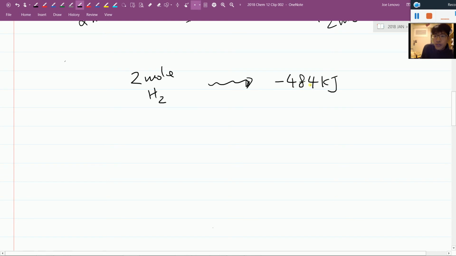Then very quickly, if I give you a little mass: 2 mole of hydrogen gas going to react releases 484 kilojoules. How about if I have a quarter mole of hydrogen gas? Very quickly, from 2 mole down to a quarter is 8 times smaller.